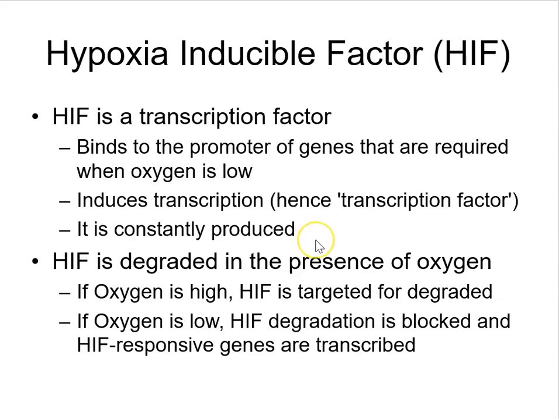However, to allow oxygen-dependent transcription of gene expression, HIF is degraded in the presence of oxygen. So, if oxygen's high, HIF is targeted for degradation, and this is at the proteasome. If oxygen levels are low, this HIF degradation by the proteasome is blocked, and therefore we get HIF responsive genes.